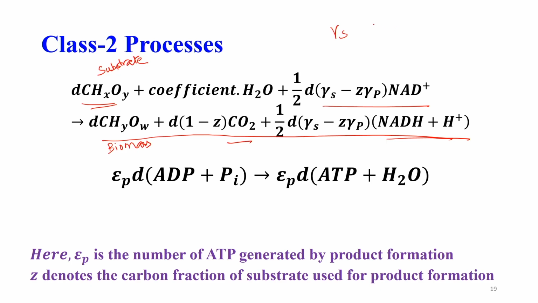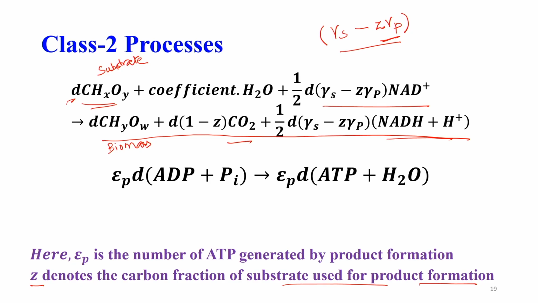Product, minus gamma P. The carbon fraction of substrate used for product formation is Z. So, this will be Z into gamma P. Indirectly, the terms Z and gamma P reflect the product formation, but there is no molecular formula of product involved in this reaction. So, this is indirect, Z into gamma P. The same NAD is required and NADH plus H plus is produced.